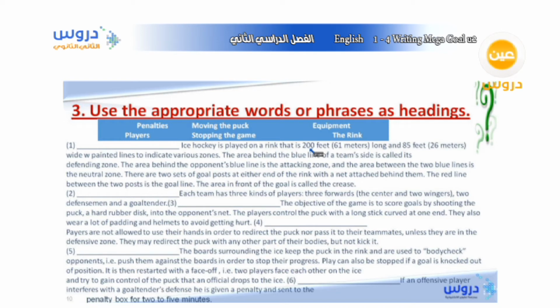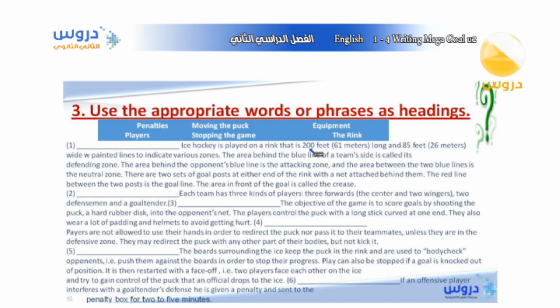The area behind the blue line where a team is inside is called its defending zone. The area behind the opponent's blue line is the attacking zone. And the area between the two blue lines is the neutral zone.